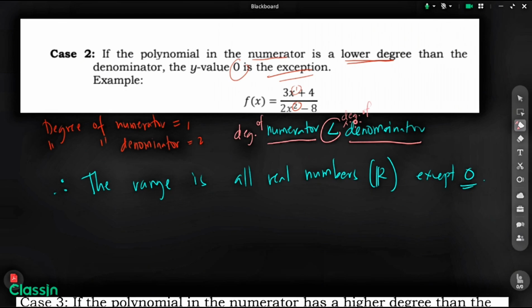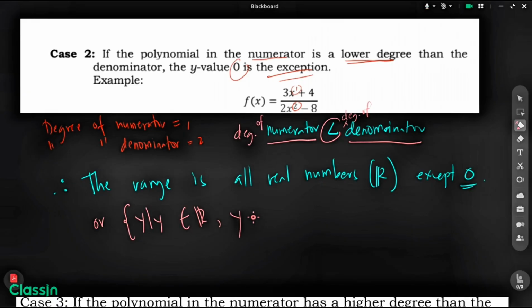And in set notation, the set of y such that y is an element of real numbers where y is not equal to 0.